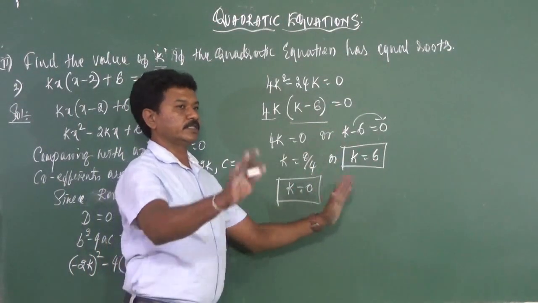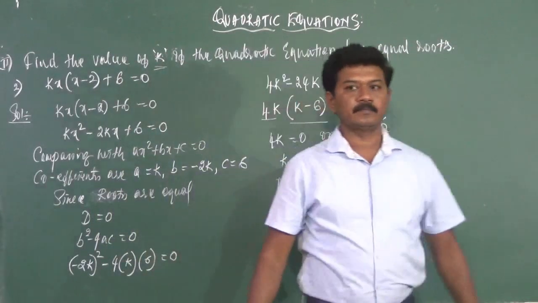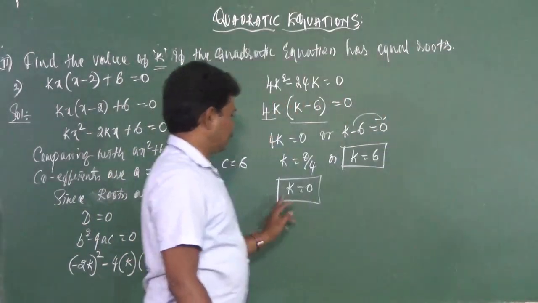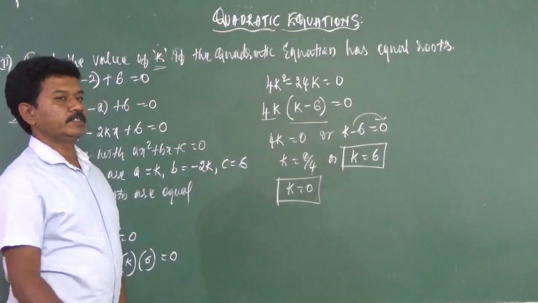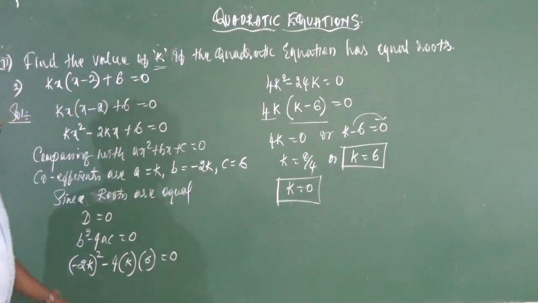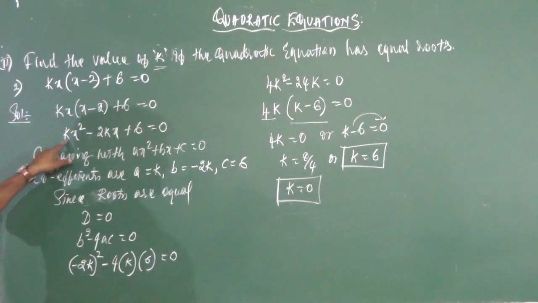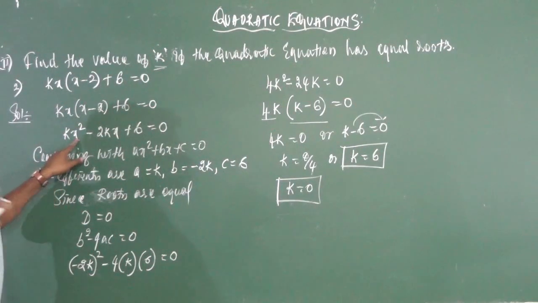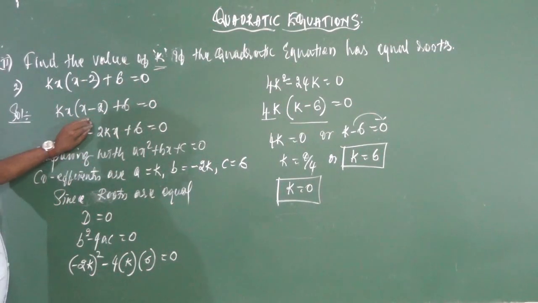Which value are you going to consider? When I substitute k is equal to 0, 0 into x square is 0, so the quadratic equation collapses. The quadratic equation does not exist at all because this term will not be here.